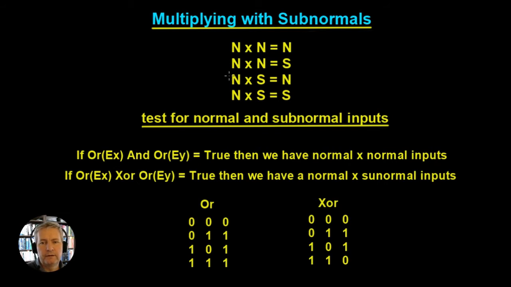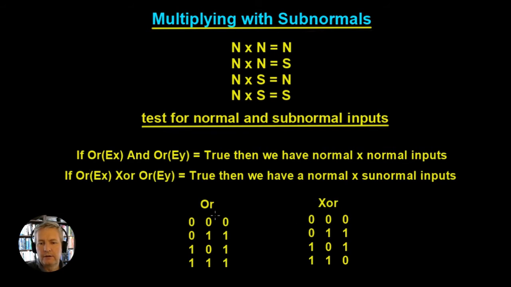Now we're looking to find out how we do normal times a subnormal. So again, if we were to OR the exponents for the X value and OR the exponents for the Y value, it's going to tell us whether we're going to have a normal or a subnormal for each of them. And then what we can do in this instance is, rather than AND them, we can exclusive OR, because in this instance what we have to have is at least one of these is going to have to be true.